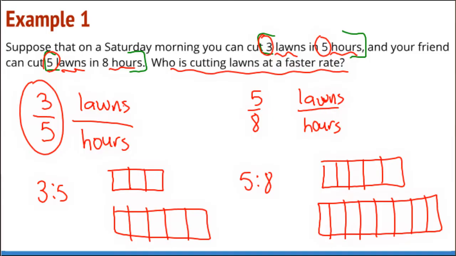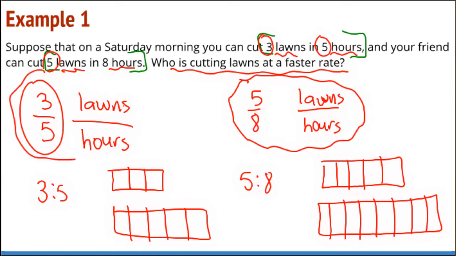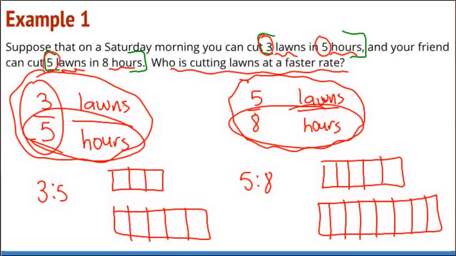So we've got our two rates here, and we're making a comparison. We're trying to figure out who's at a faster rate, but we've got you cutting lawns, and we have information about 5 hours, and here we've got information about 8 hours. We've got different numbers of lawns, so it becomes a little tricky to figure out exactly who is cutting these lawns at a faster rate.